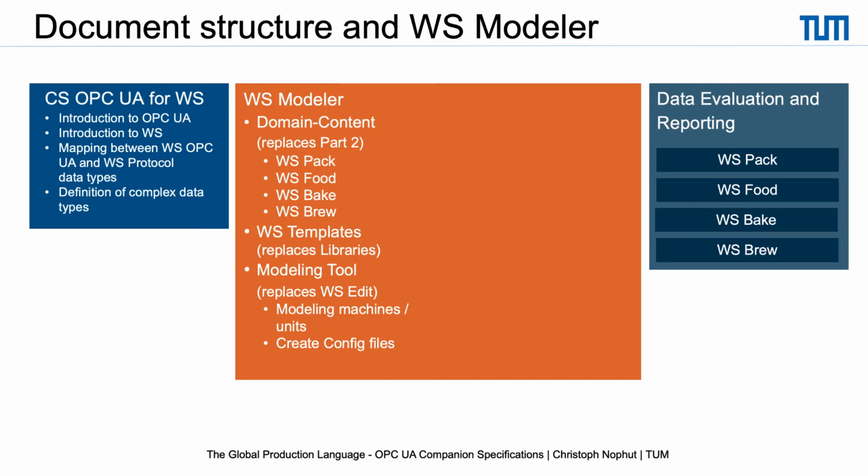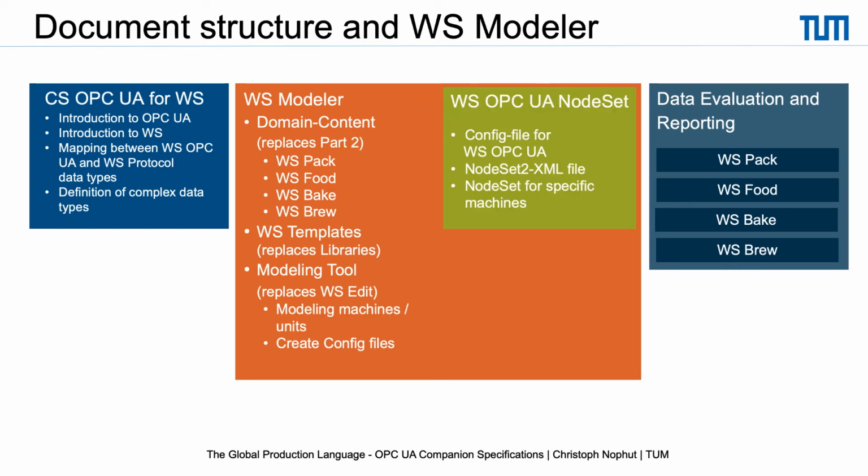One of those types is the WSMachine type from the last slide. Within this companion specification and the modeler, you can create a nodeset file. A nodeset file is an XML document and describes the information model of a machine.